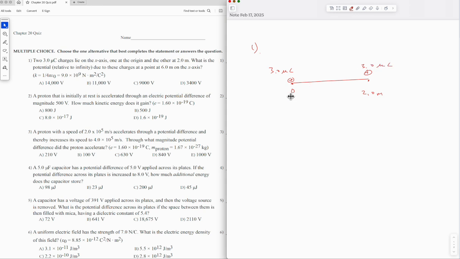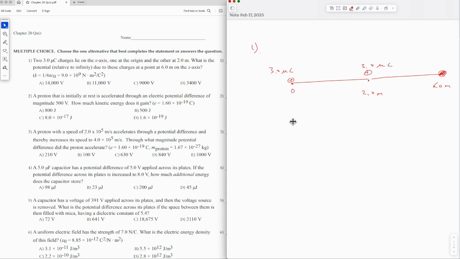What is the potential relative to those charges at the point 6.0 meters on the axis? So you have two point charges, and I ask you about here, 6.0 meters. What's the potential at this location?